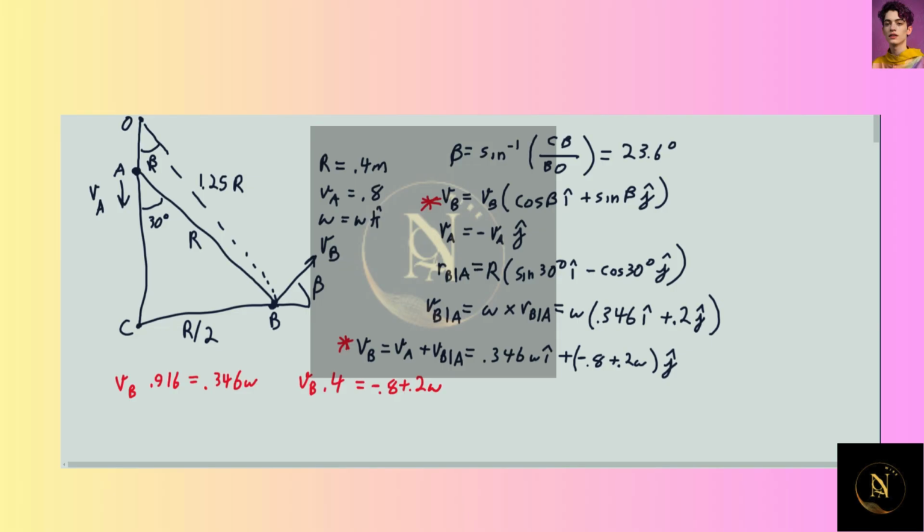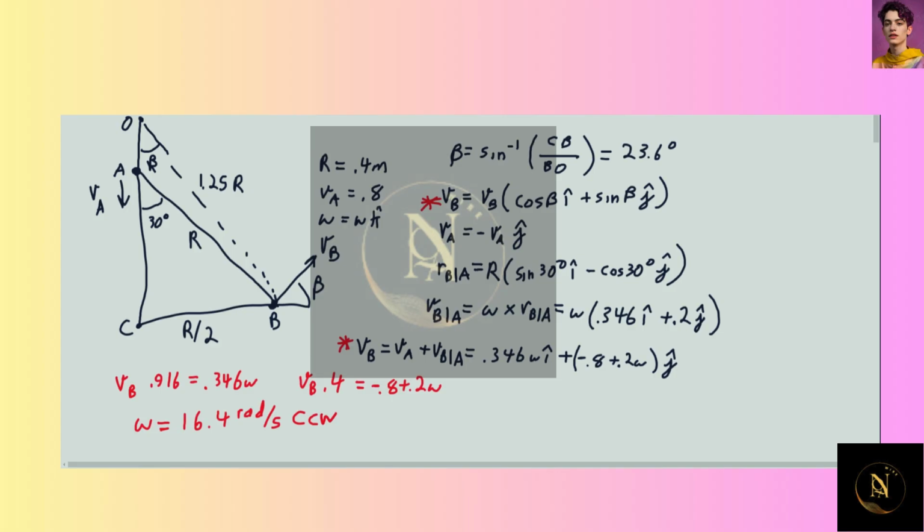So first, when we divide the equations, we solve for omega. Immediately on the left side, the VB's cancel out, and then we have a little bit more algebra to solve for omega, where we find that omega is 16.4 radians per second in the counterclockwise direction.